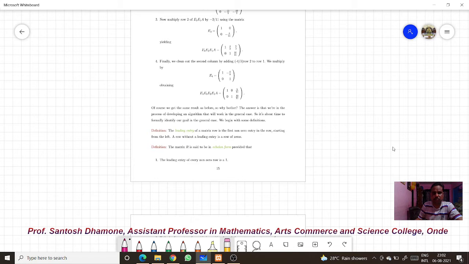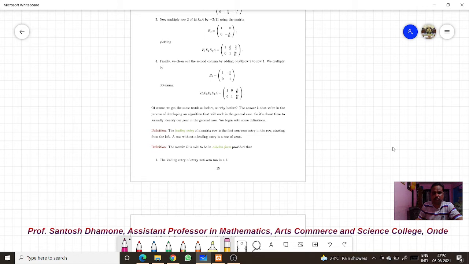Now multiply row 2 of E2 E1A by minus 3 by 11 using the matrix E3. Our target is to make this entry equal to 1.